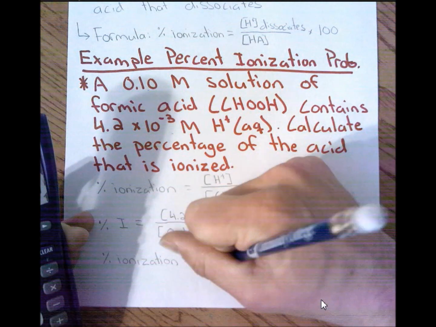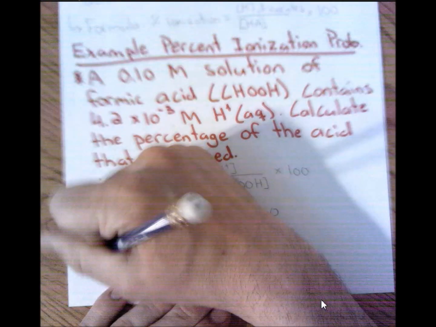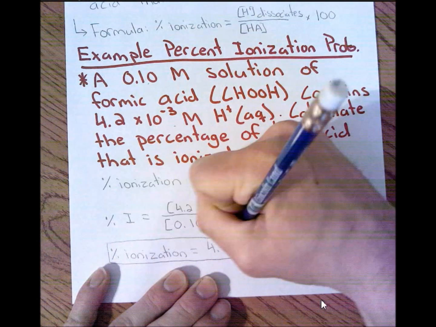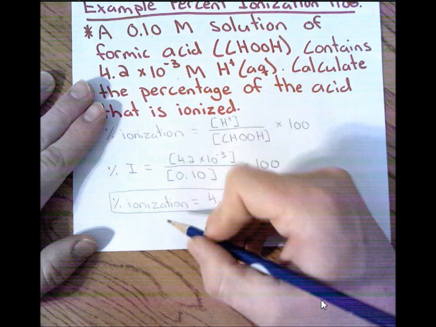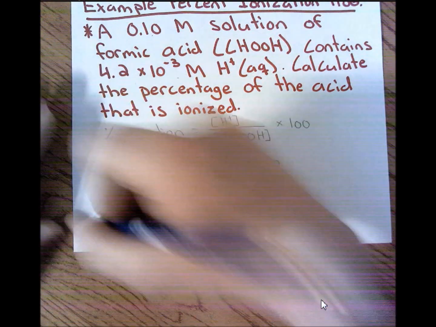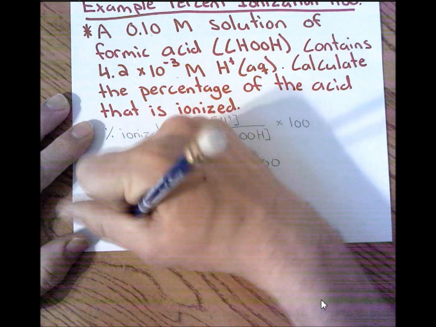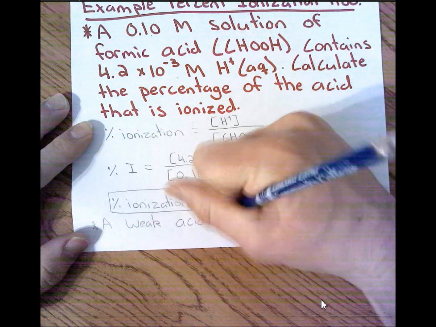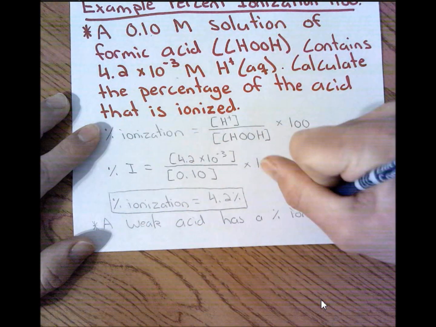Now, I want to make this side note here, this is a generic statement, but typically a weak acid has a percent ionization of less than 5%. So let me write that here. A weak acid has a percent ionization of less than 5%.